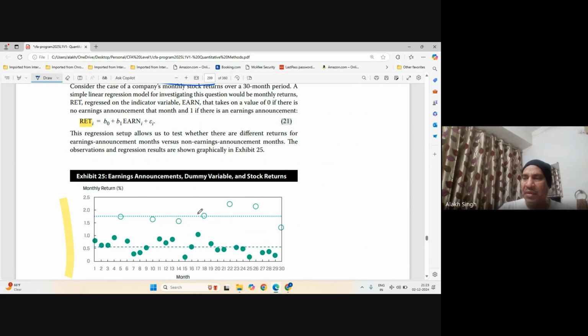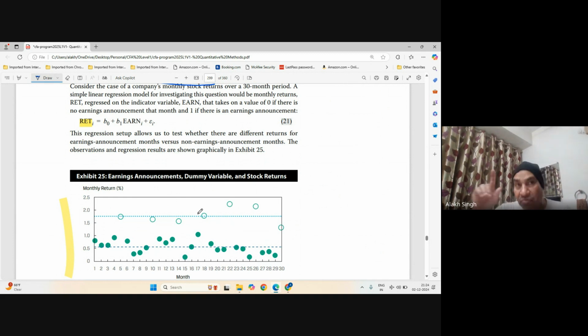It doesn't have to be equal to the intercept, it will be equal to B0 plus B1 Xi. Out of 3 or 4 months, 2 months are not announced. So for 2 months, there is no announcement.